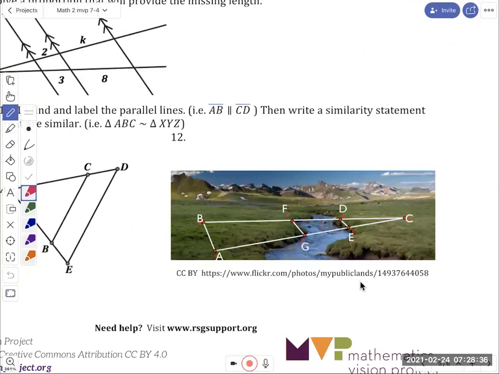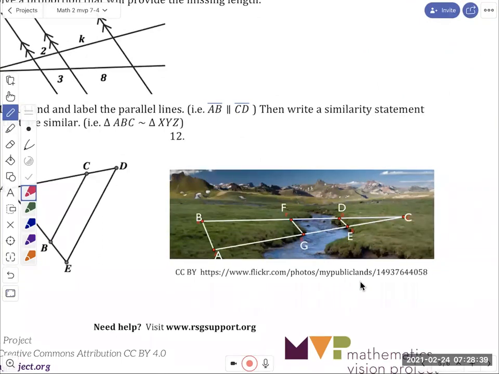Okay, so you're going to see on the EOC, there'll be a question like this. I remember seeing one like this.